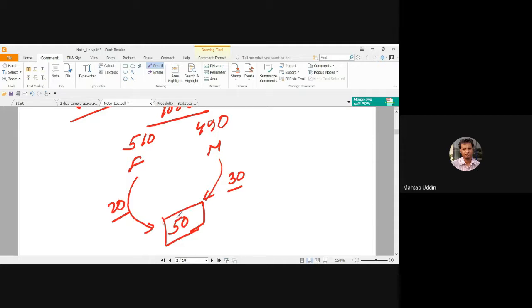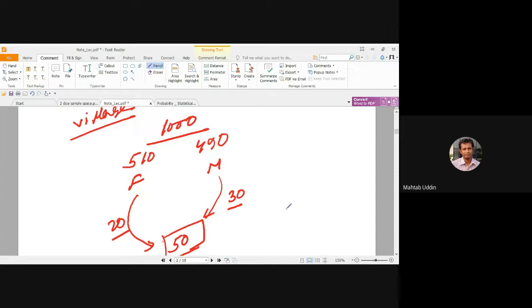From both of the subsets, we have to take a certain number of elements. Let us choose. From 490, how many females? 20, sir. And from the 510, how many? 30.